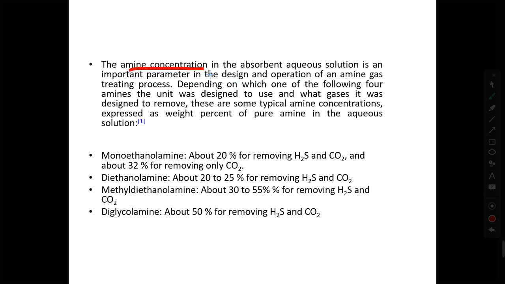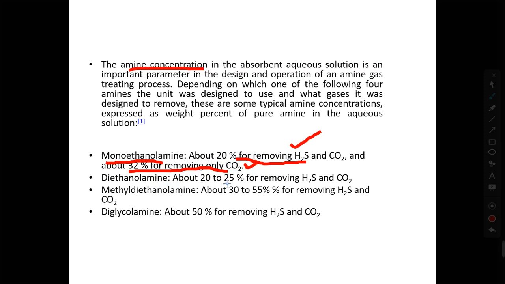This is the main parameter that lets us remove H2S as per our requirements. For example, with monoethanolamine, 20% can remove H2S, and 30% can remove only CO2.